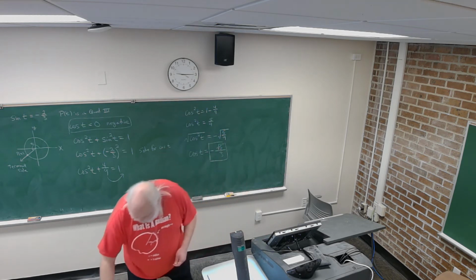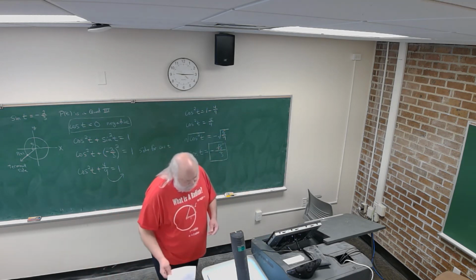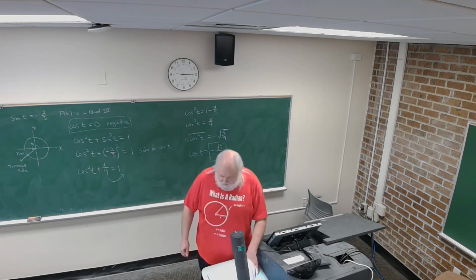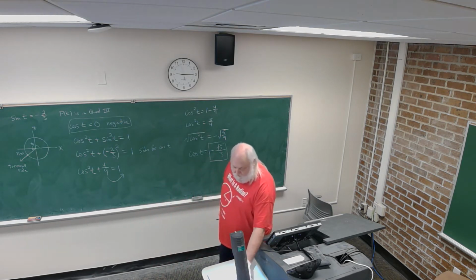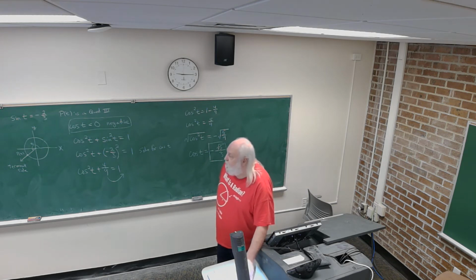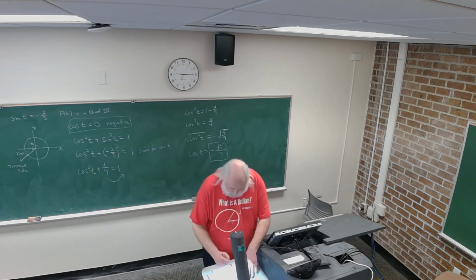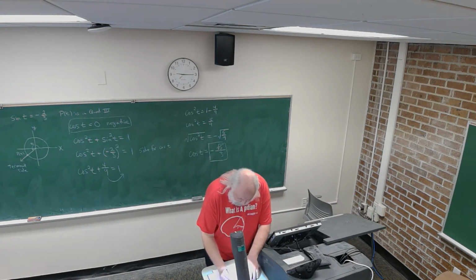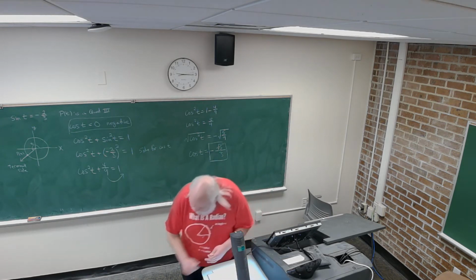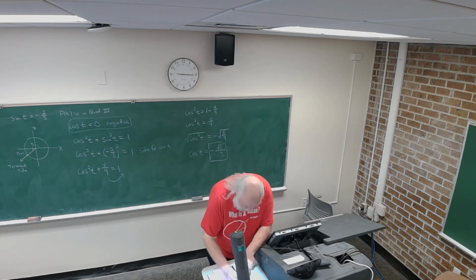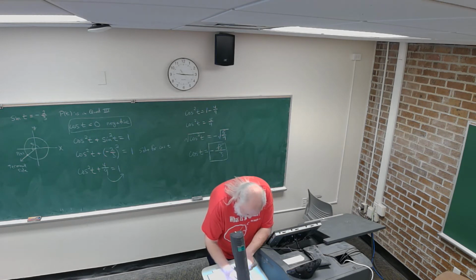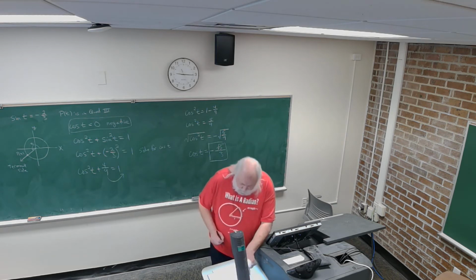On top of page 3, we have the values of the sine and cosine function for multiples of pi over 2 radians. And remember, pi over 2 radians is the same as 90 degrees. So in the first example, pi over 2 radians or 90 degrees, the terminal side goes through the point (0, 1).